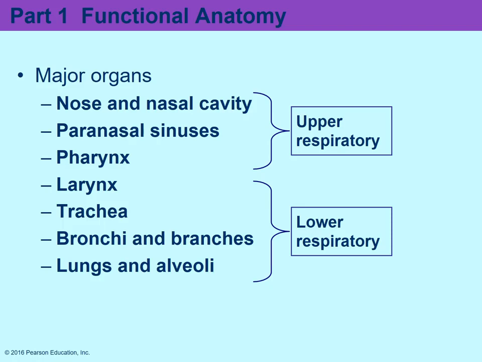When we look at the major organs involved with the respiratory system, we divide it into upper respiratory and lower respiratory. Upper respiratory will be comprised of the nose, the nasal cavity, your sinuses, and the pharynx. And then the lower respiratory is the larynx, the trachea, the bronchi and all the various branches, and the lungs.